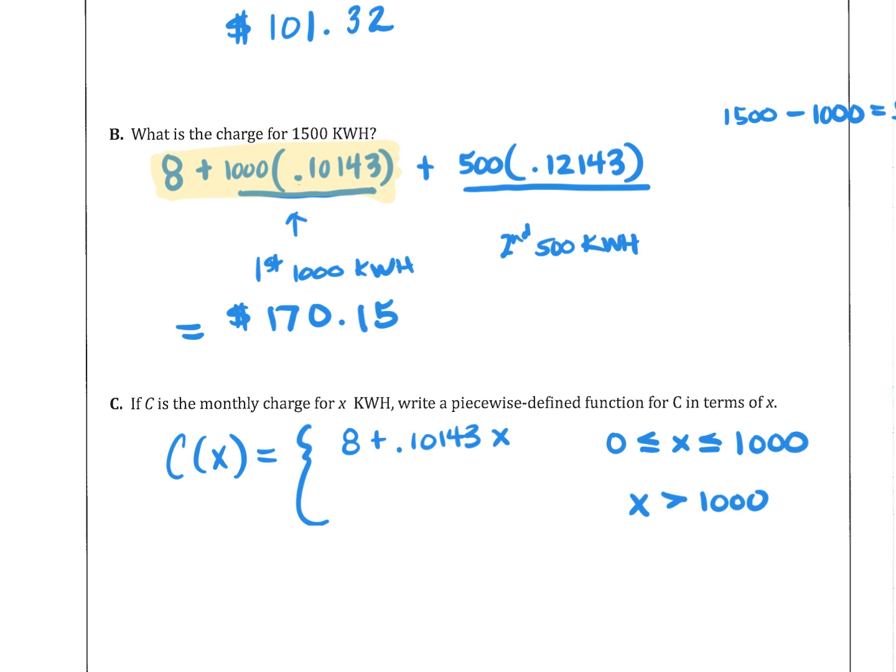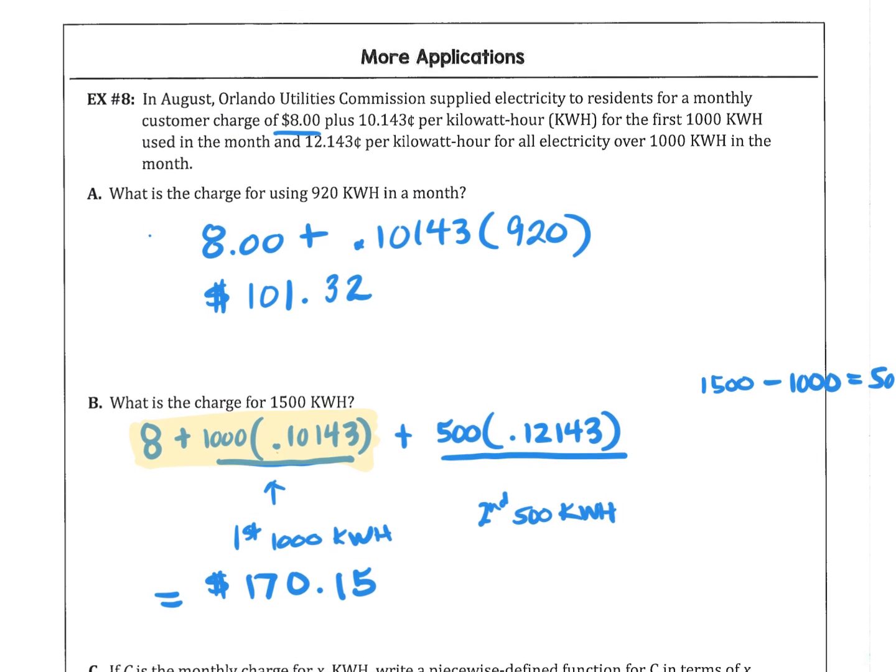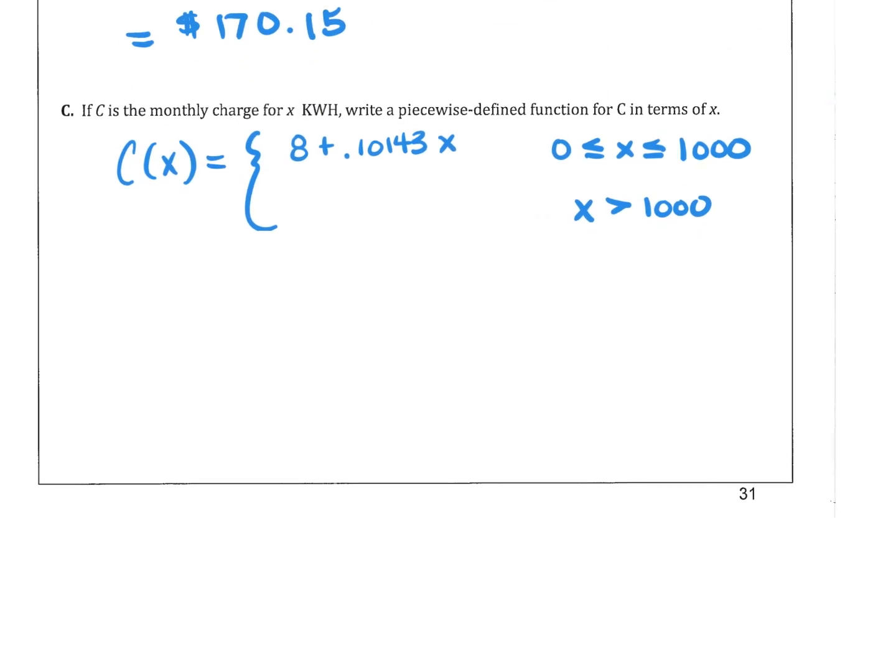Does everybody know where that came from? I took out the 1,000 and put in X instead, because it's going to be the same no matter what, isn't it? If it was 920, didn't we do the same thing? 8 plus 0.10143 times whatever it was? So we just make this an X instead. And that gives us our first equation.